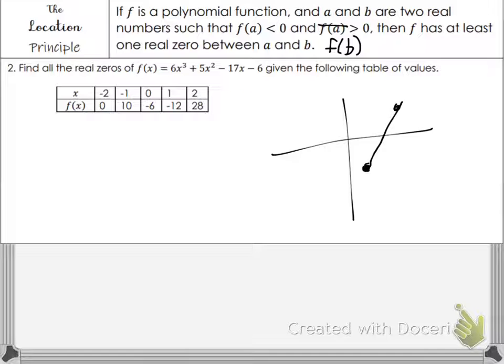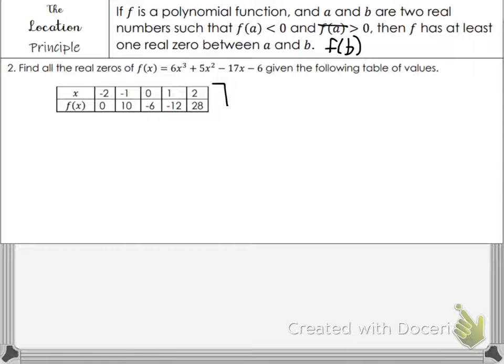Does that make sense? So you're trying to find out what number that is? Well, I can use this information to know that, well, we'll look at number 2. Okay, hold on one second. It says, find all the real zeros of f of x equals 6x cubed plus 5x squared minus 17x minus 6, given the following table of values.